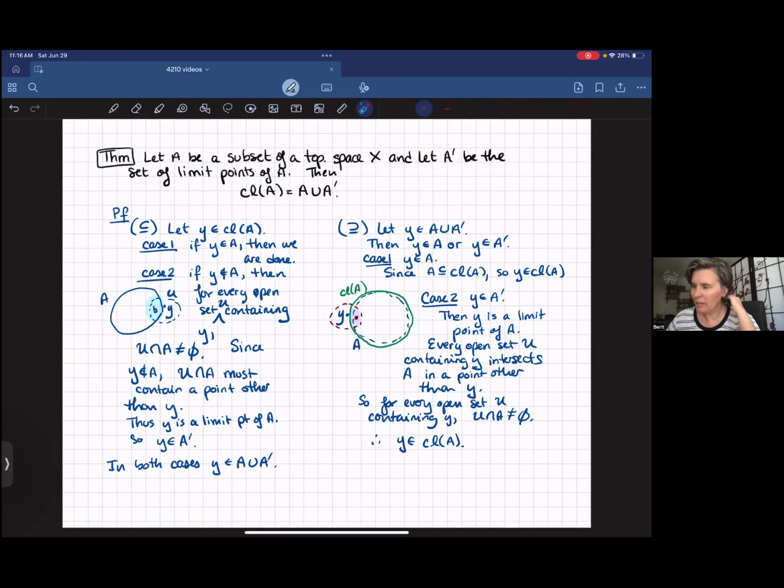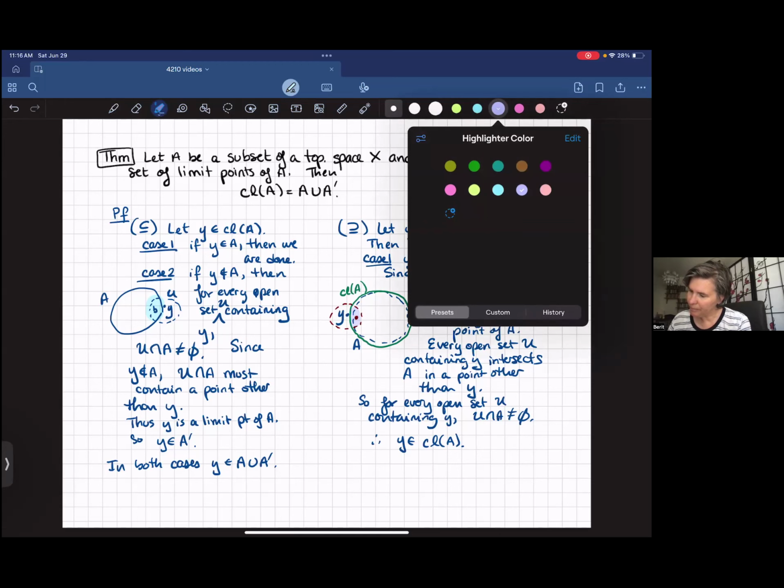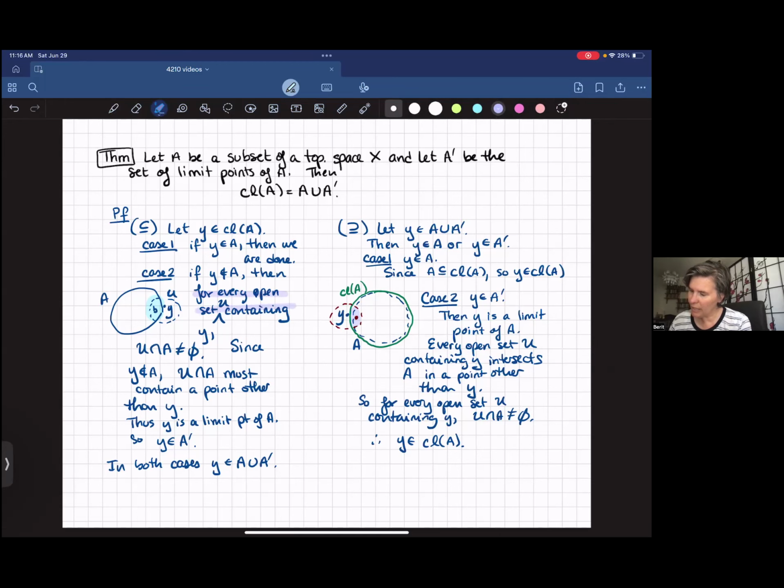Okay? And I feel like this theorem makes sense because if you look at the definition of a limit point and the theorem about the closure, they're almost the same definition, right? They're different just in that one part about the intersection having to include a point other than the limit point itself. But other than that, they're really, really close. The theorem about closure says that a point is in the closure if and only if for every open set U containing Y, U intersect A is not empty.